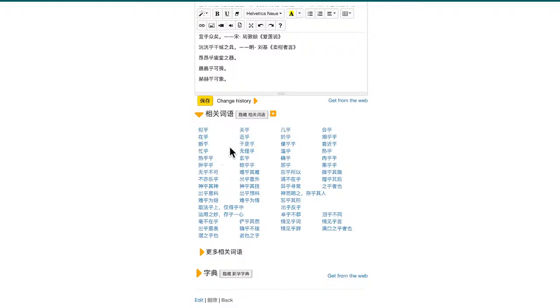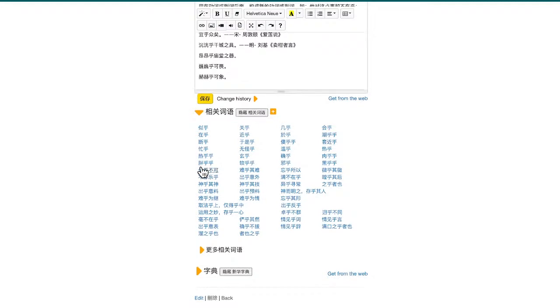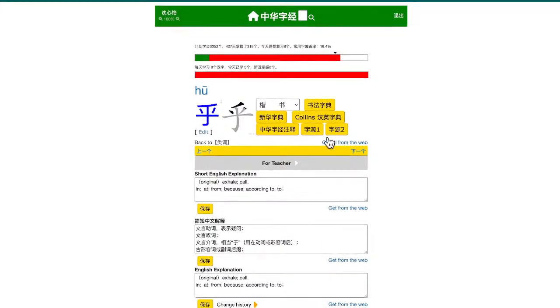These words are very common, but 乎 itself used in a sentence structure serving a grammatical purpose, that kind of usage is very common in ancient text, the classic Chinese, but actually not very common in modern Chinese. Okay, so next one.